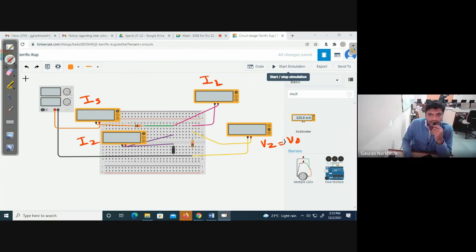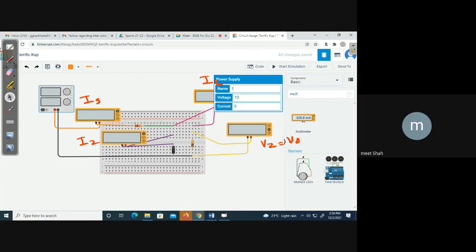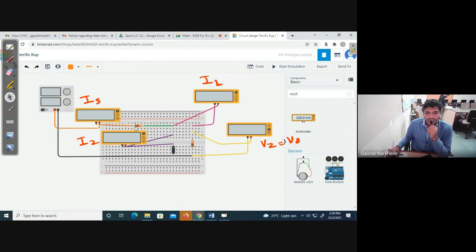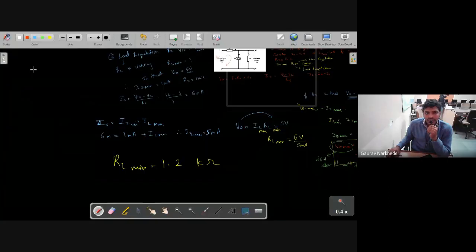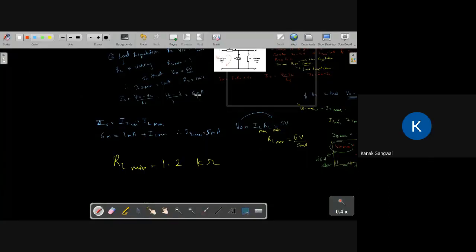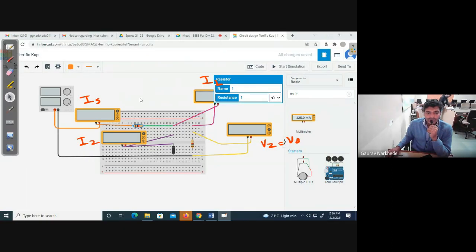Now what voltage do we need to keep constant? 12 volts. And RS was 1 kilo ohm. So this is 1 kilo ohm only, and then this we can keep variable.